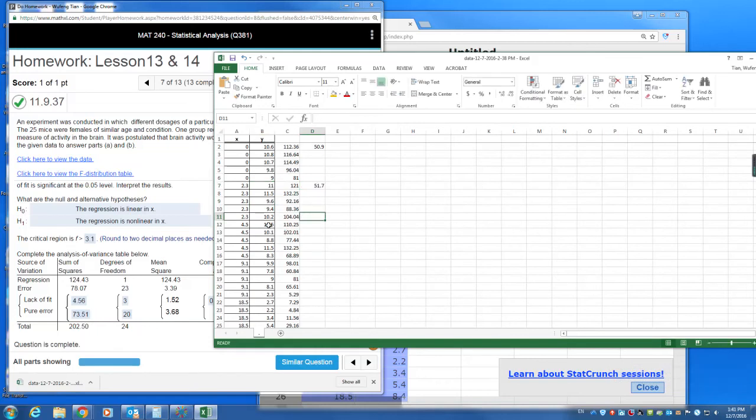When x equals 4.5, all the y values sum to 49.2. When x equals 9.1, 37.1. Okay. Then x equals 18.5, 22.1.